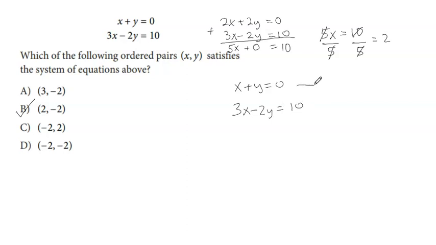For the first equation, I decide on which variable I'm going to substitute for. So let's say I want to substitute for y. So I'm going to say, okay, y is equal to minus x. So wherever I see y, I'm going to put minus x. And here is where you have to be careful. So I come to the second equation. I leave the first one alone.